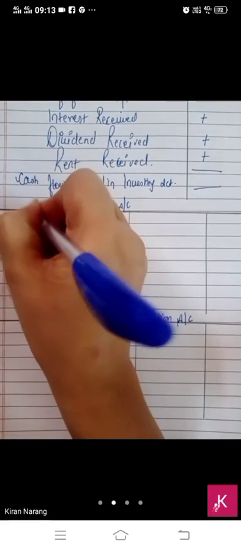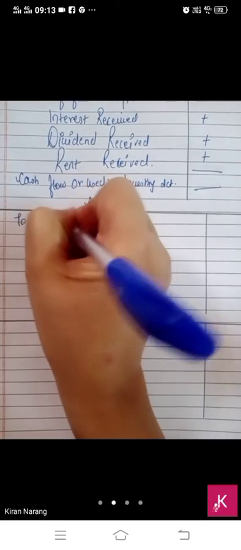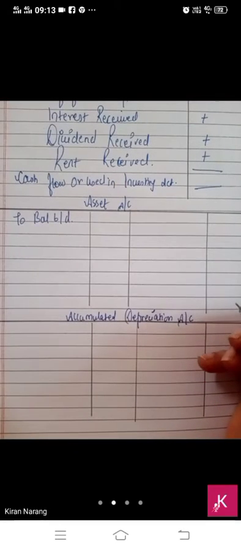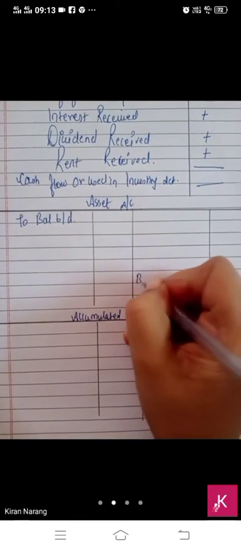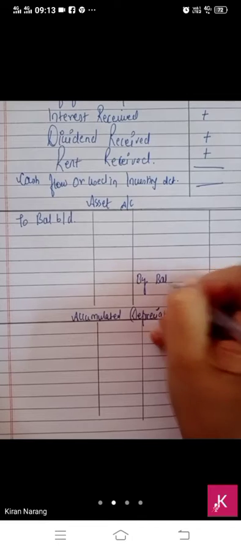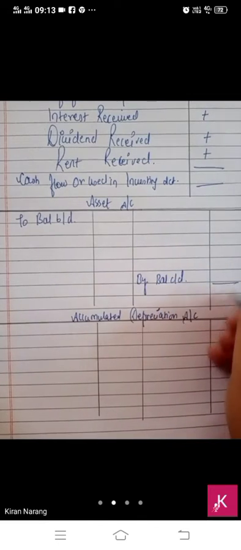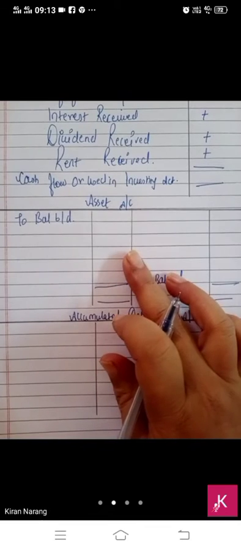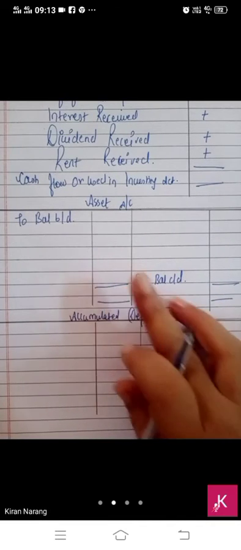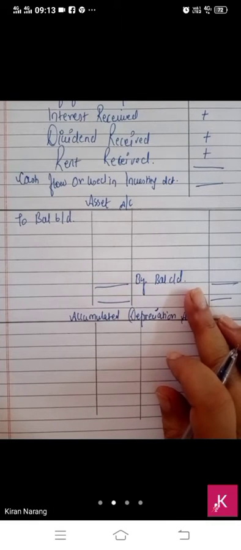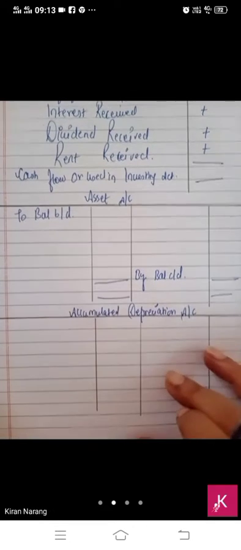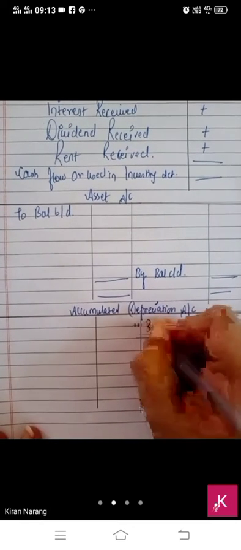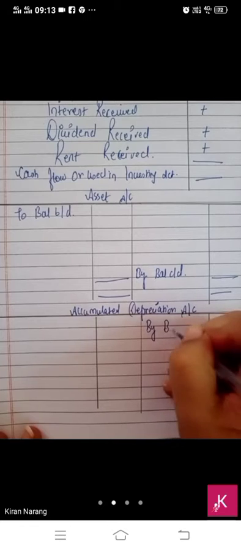We will start asset account by writing to balance brought down and by balance carried down. Balance brought down of asset will be recorded on debit side and balance carried down will be recorded on credit side. But it is opposite in case of depreciation account.